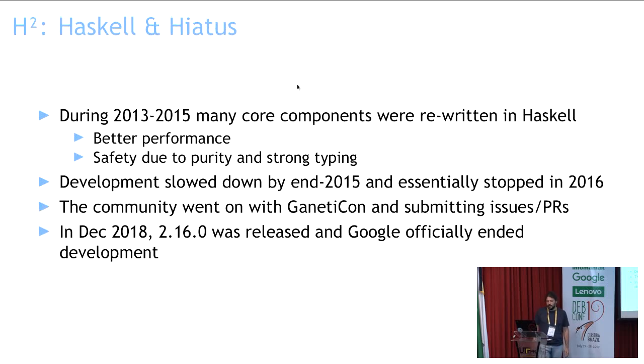Under that status, during 2013 and until 2015, many core components were rewritten in Haskell. The rationale there was that Ganeti needed to have better performance than Python, which was somewhat limiting, especially when it comes to threading and doing things in parallel.